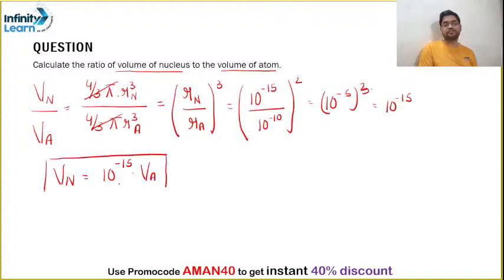That is the ratio between volume of nucleus and volume of atom. Or the other way, the volume of atom is 10 raised to 15 times the volume of nucleus.